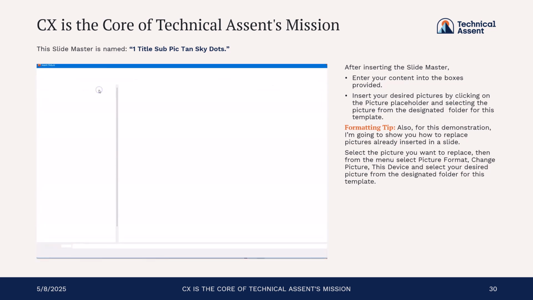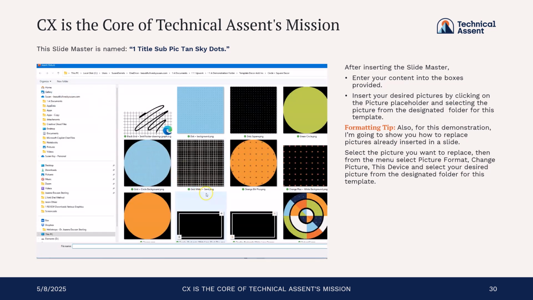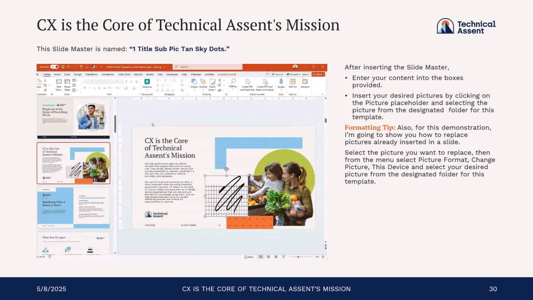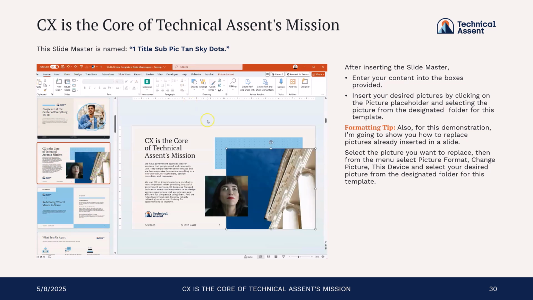Change picture, this device. I wonder how that would look. So you can see how easy that is. To go back to the original images, just do your back arrow.